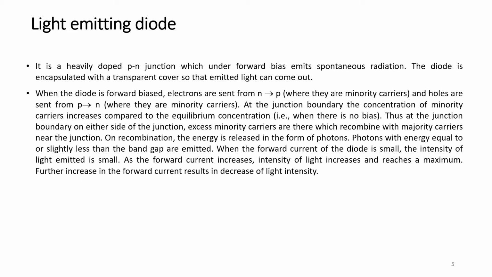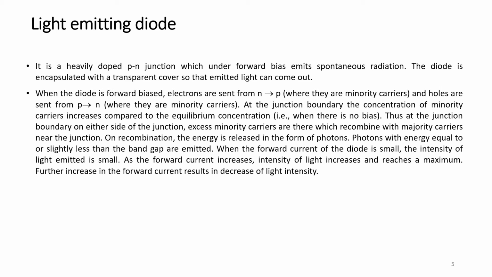When a diode is forward biased, electrons are sent from N to P where they are minority carriers, and holes are sent from P to N where they are minority carriers. So the current flow is due to minority carriers.